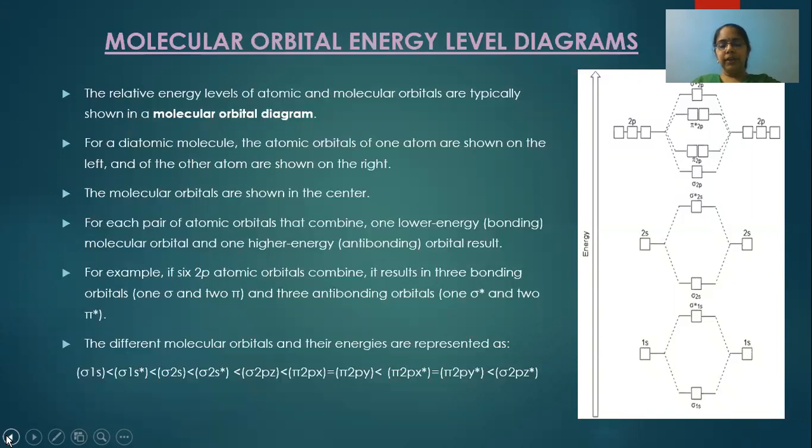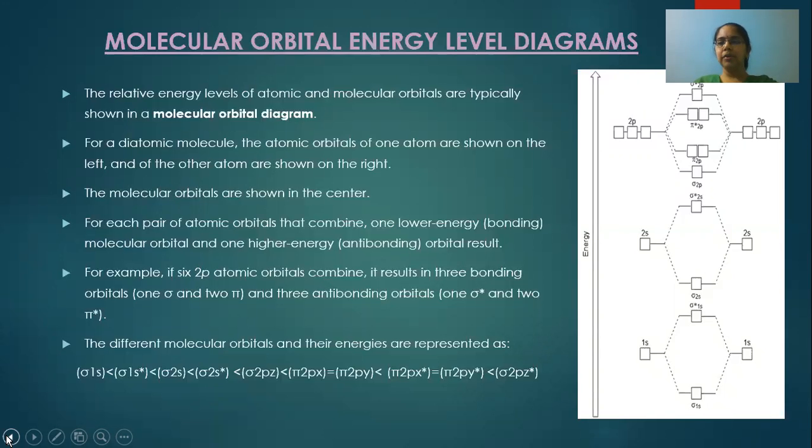Now, the atomic orbitals combine in different fashions. They may overlap end to end or they may overlap laterally. If they overlap end to end, that produces a sigma bond between the atoms in a molecule. That molecular orbital is called a sigma molecular orbital.